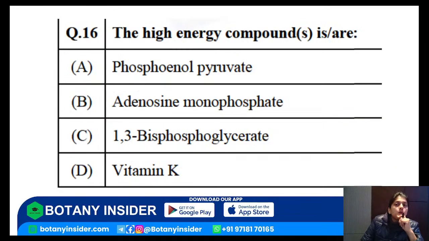Okay, the high energy compounds are phosphoenol pyruvate, adenosine monophosphate, 1,3-bisphosphoglycerate, vitamin K. Which of the following compounds are high energy compounds? Multiple select question again.